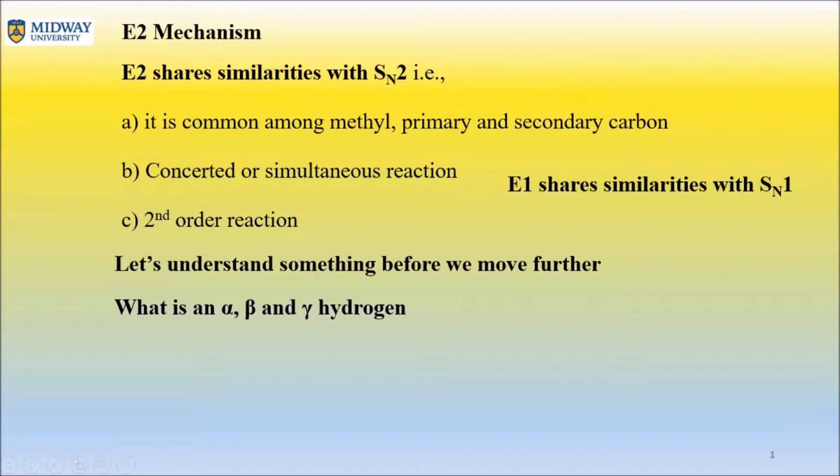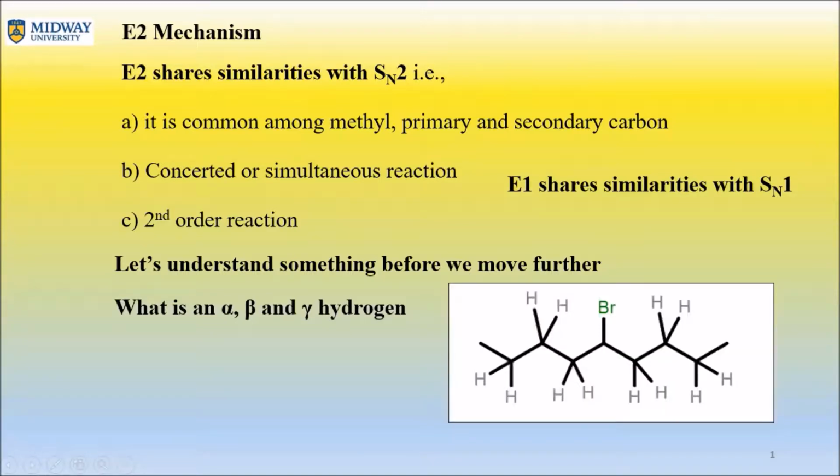Now, you determine if a hydrogen is alpha, beta, or gamma with respect to the carbon that contains the functional group, which in this case is the leaving group, right? So if you look at this molecule here, you have a carbon that contains the Br, right? That's your functional group or the leaving group.